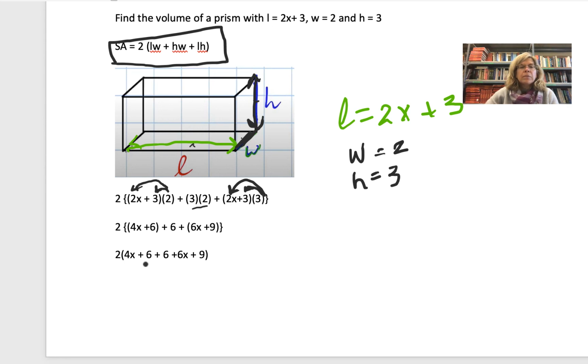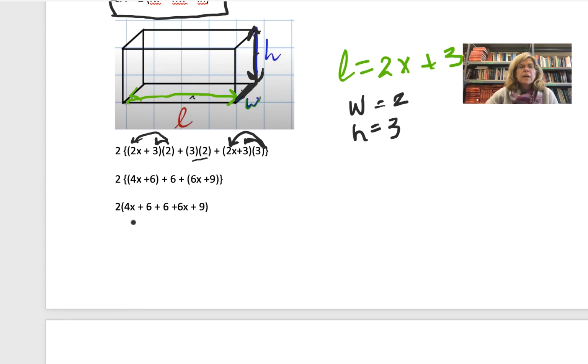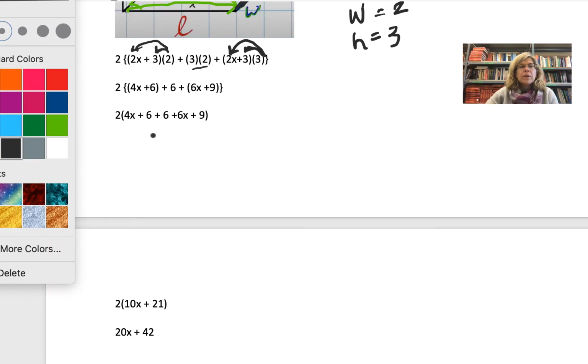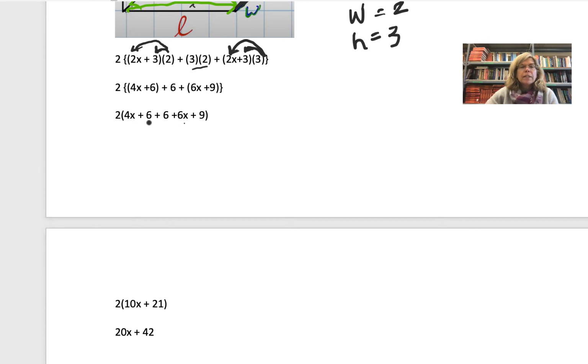And then if you simplify that, I just took away the brackets, then you get 2 times 10x plus 21. So that's 10x, so 4x plus 6x. And then 6 plus 6 is 12 plus 9 is 21. So that's 10x plus 21, which gives you 20x plus 42. And that's your answer, simplified.